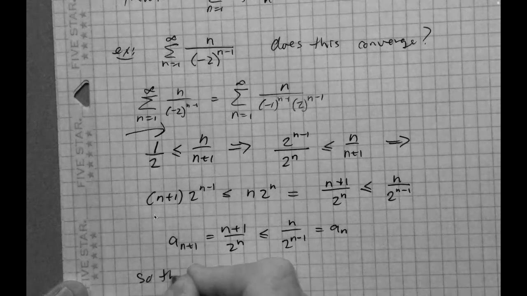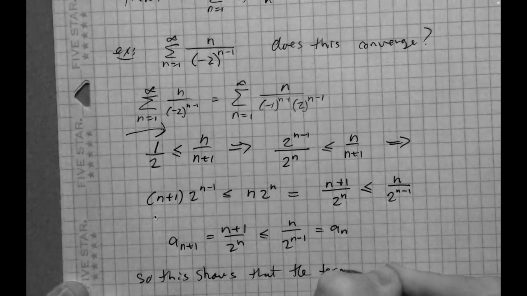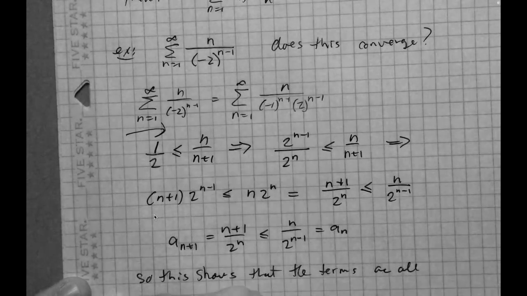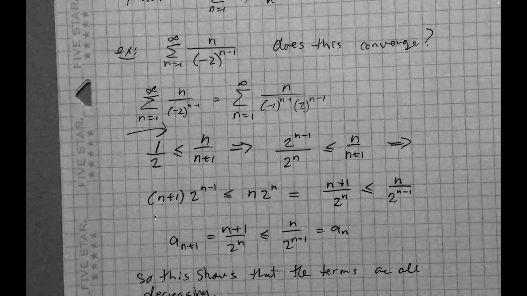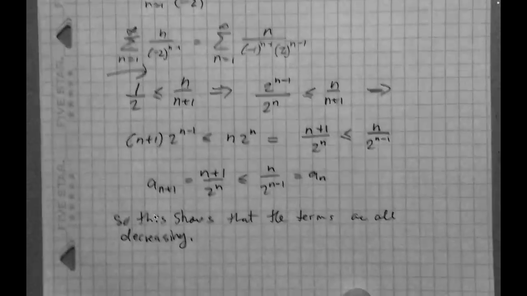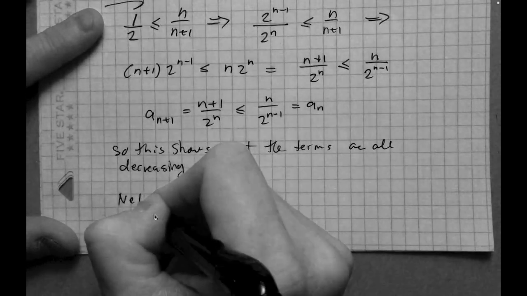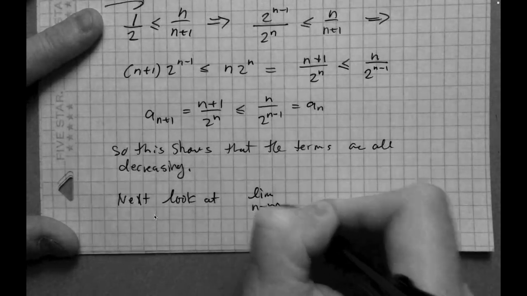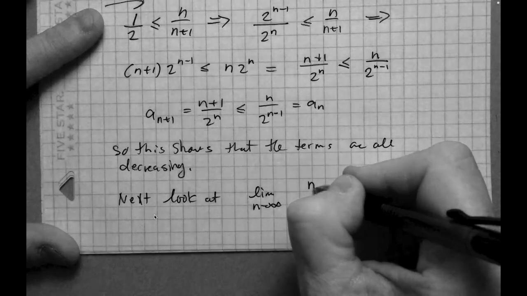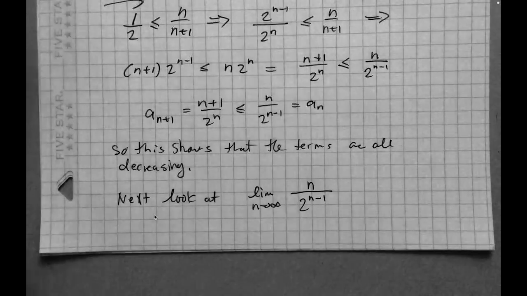Well, this shows that the terms are all decreasing. Okay, they're all decreasing. So next, the question is, what about the limit of the nth term? Next we need to look at the limit as n goes to infinity of n over 2 to the n minus 1.